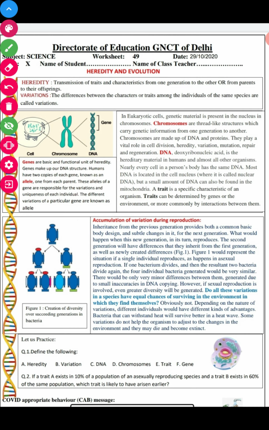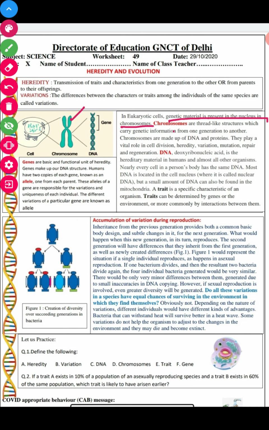In this box they have shown you the structure of a cell, in which this is the structure of a chromosome, where the gene is present, and on the genes we have DNA, which is the main hereditary material, or you can say genetic material. In eukaryotic cells, genetic material is present in the nucleus in chromosomes.